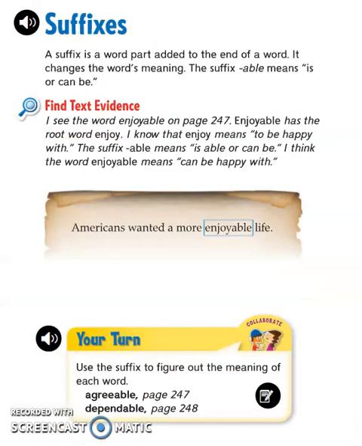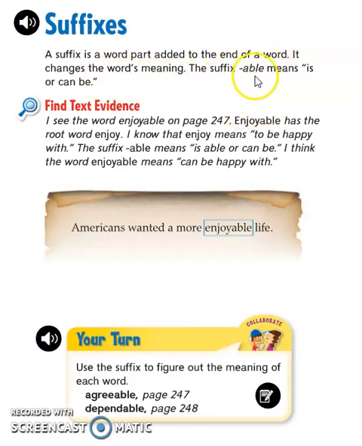Another strategy that they will be talking about in our test is suffixes. Now, we talked about that before. The prefixes come at the beginning, the suffixes come at the end. And it's a word part that is added to the base word or to the root word. It comes at the end. So it changes the word's meaning.